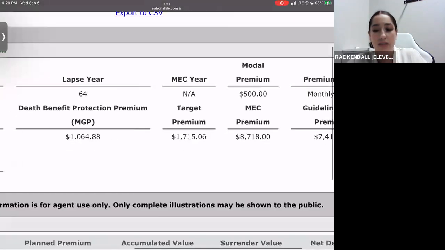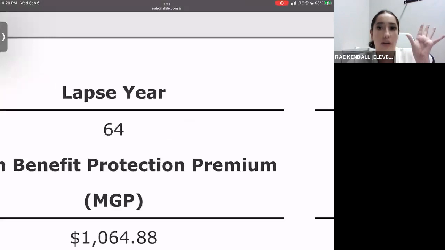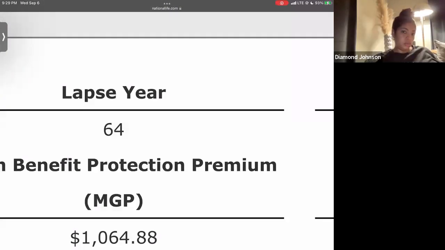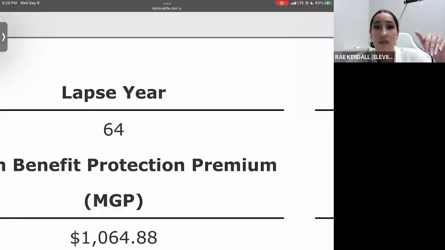You have to be careful, because the moment you see lapse year, it's a red flag. Lapse year means the policy would eat itself and close at 64 years old. So if you're ever playing around with the MEC and the minimum you can add to the policy is $2,500 and it lapses, it's not a possibility for our client.